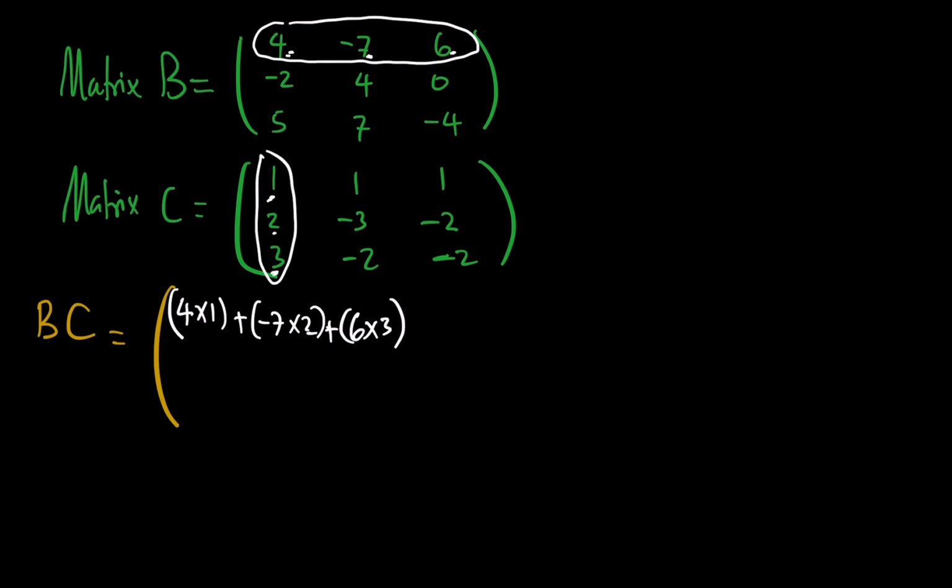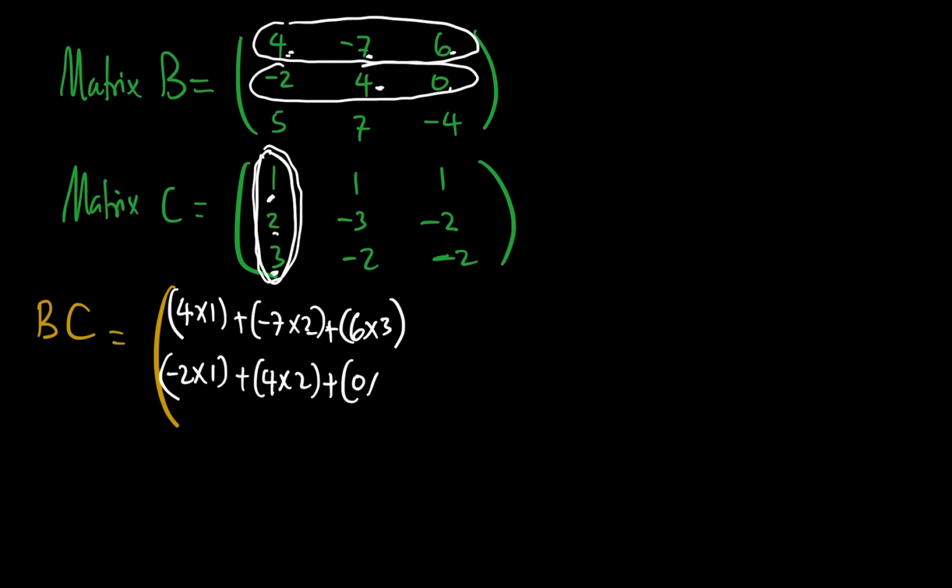So we've done the first row, first column. Now we're not done yet. We'll go to the next row, and that means in the middle. So we have to come down, and with the same column, we're not going to change it. So it's going to be -2, we take the first one plus 4 here. We'll take the next one, which is 2, plus 0 here. We'll take the next one, which is 3, like that.